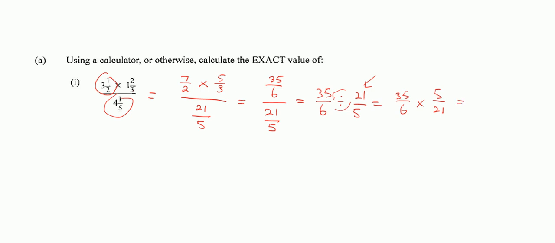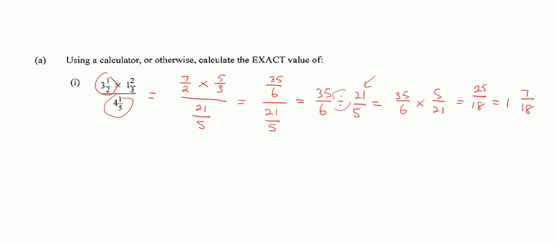And this will give us, let's work that out. 35 over 6 multiplied by 5 over 21. And that will give us 25 over 18, and this can be written as 1 and 7/18. 1 and 7 over 18.